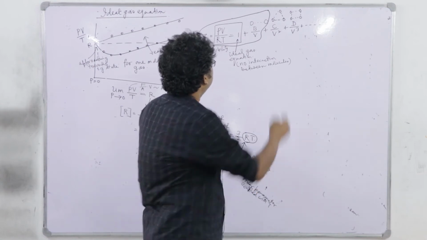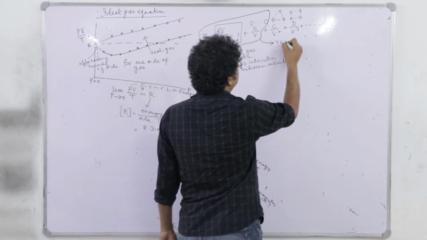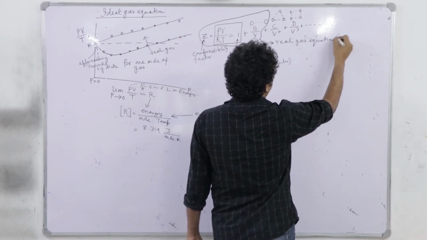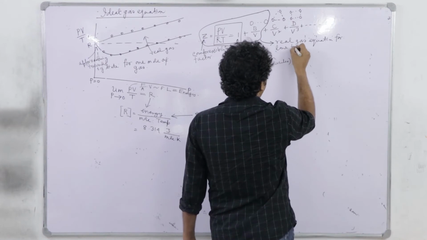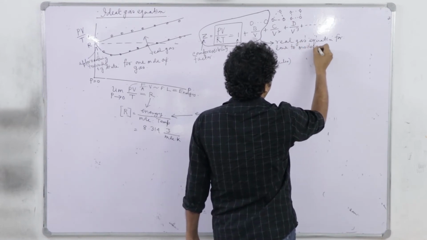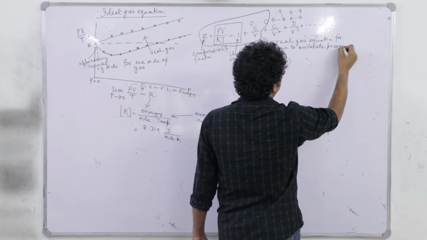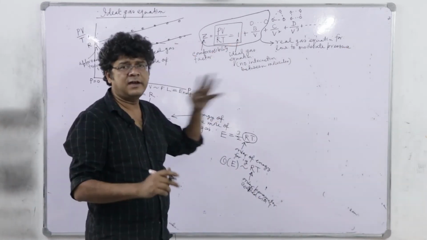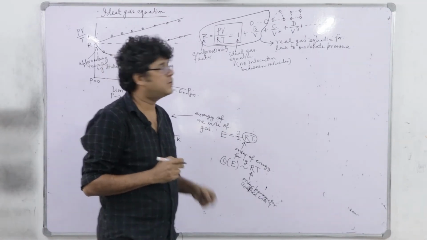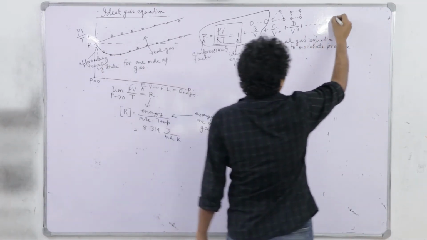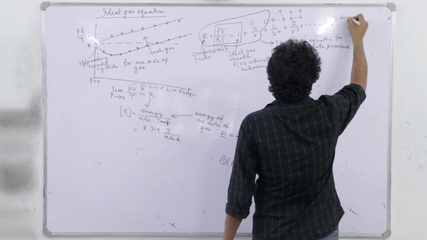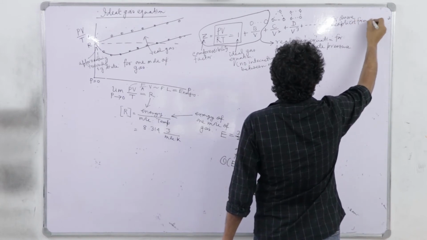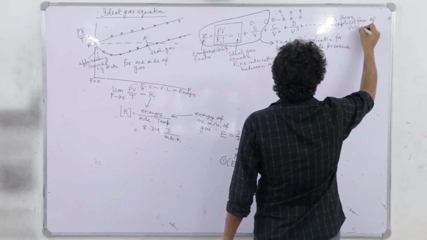So, this is the form of the real gas equation for low to moderate pressure, and this is the introductory idea of the virial equation. So, this is the virial equation, or rather the volume explicit form of the virial equation.